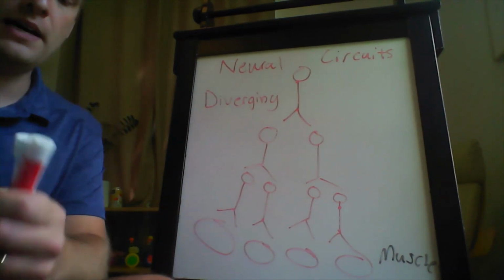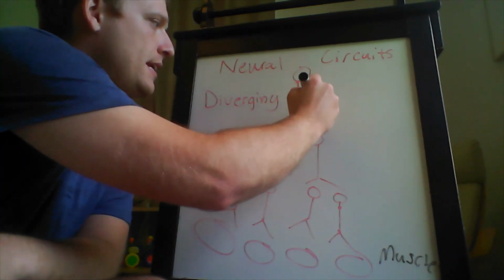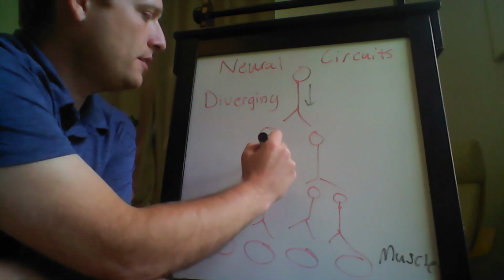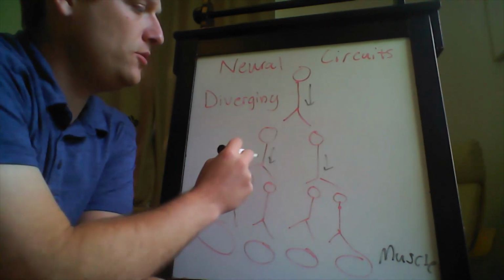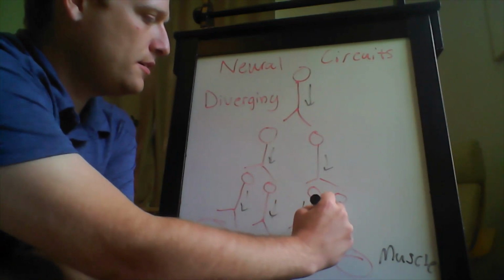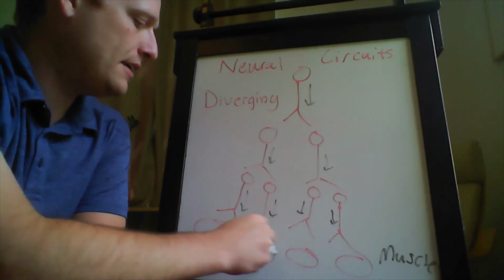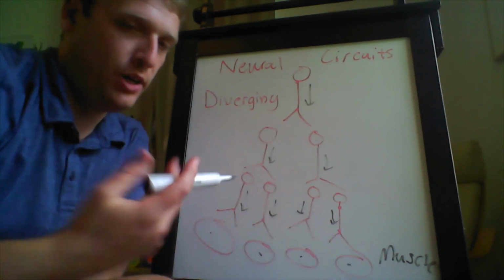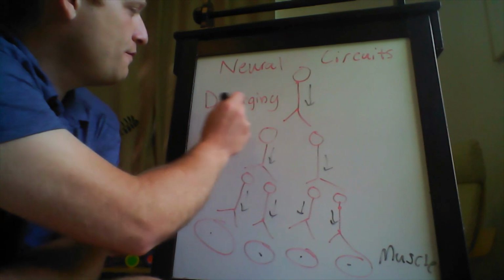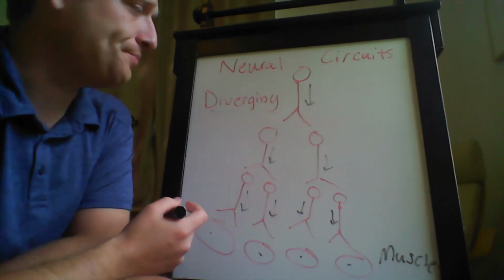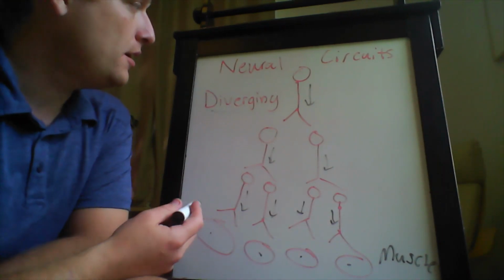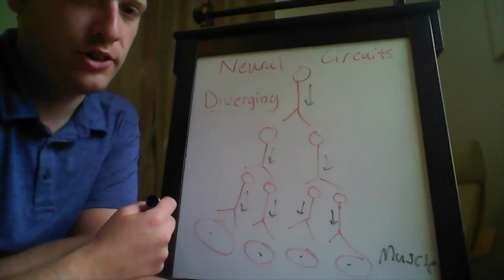So by sending an action potential in this direction, that stimulation can be passed on to these two neurons and to these four neurons, and can cause activity in these four muscle cells that I've drawn here. So in this way, using a diverging neural circuit, you can have multiple cells under the control of a single neuron.